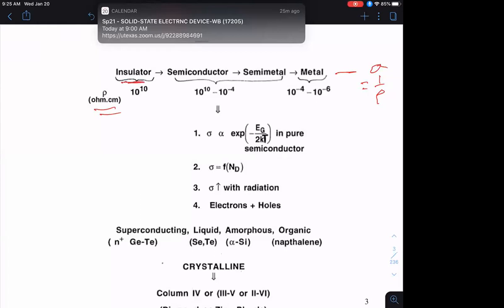And of course, if it's a poor conductor, it would have a high resistivity of 10 to the power 10 ohms in this particular example, or a very good conductor with a low resistivity, things like metals. So that's why a semiconductor is called a semiconductor. It's a conductor, but not as good a conductor as a metal, but a better conductor than an insulator.